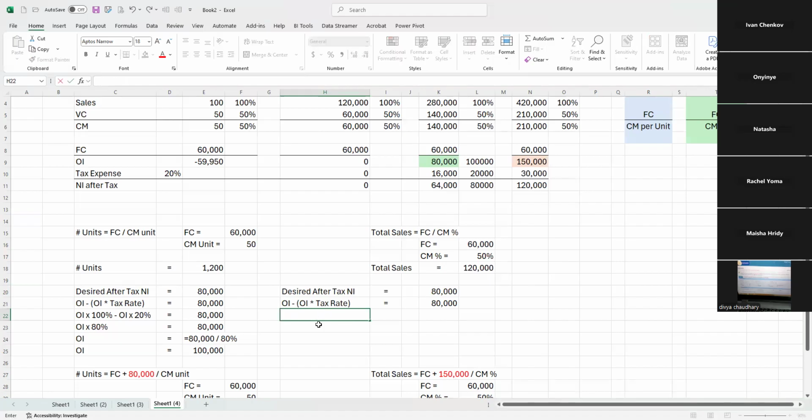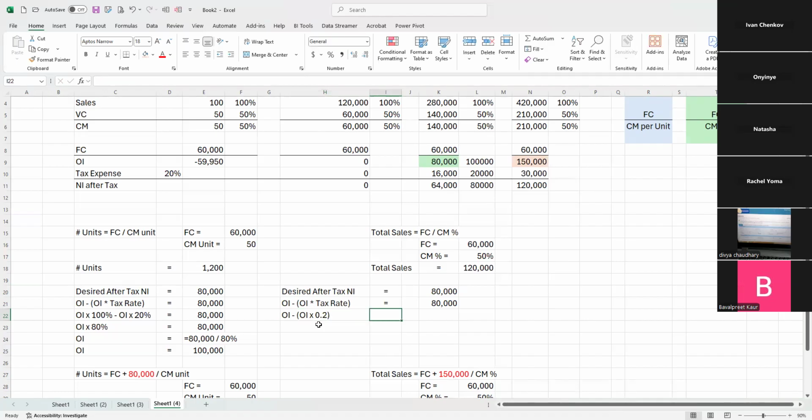Because operating income here is operating income minus, in brackets, operating income times 0.2, and that's going to be equal to that one. Now, when I open the brackets, I have operating income minus 0.2 operating income equal to 80,000.